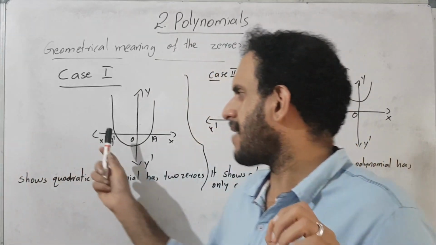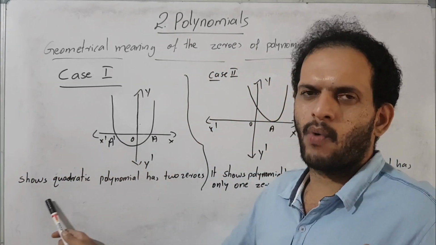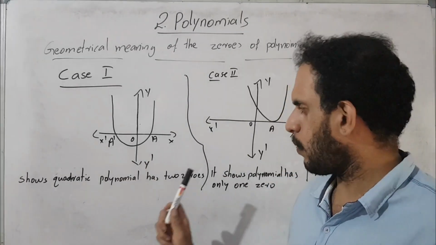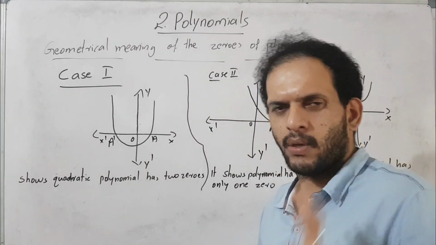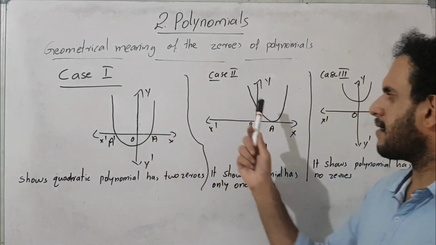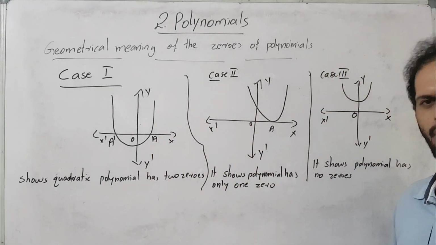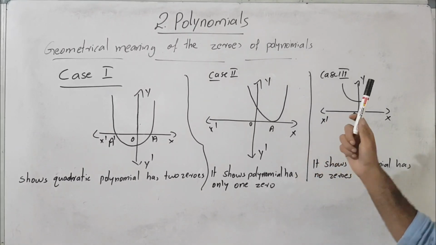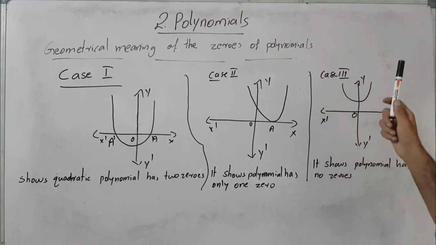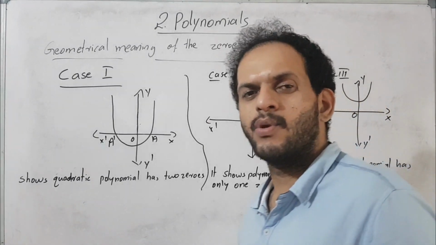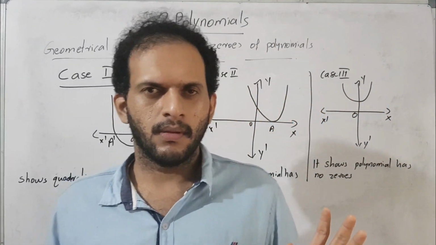If the graph intersects the x-axis at 2 points, the quadratic polynomial has 2 zeros. If the graph intersects at 1 point, the polynomial has only 1 zero. If it does not intersect the x-axis, the quadratic polynomial has no zeros.